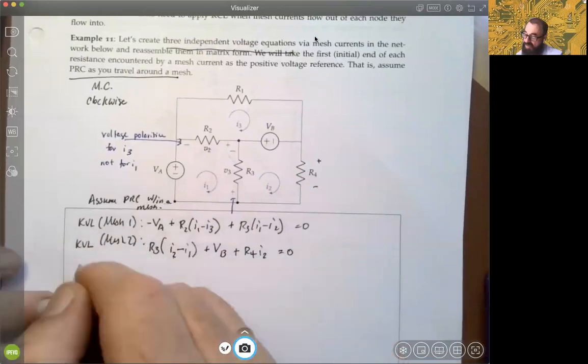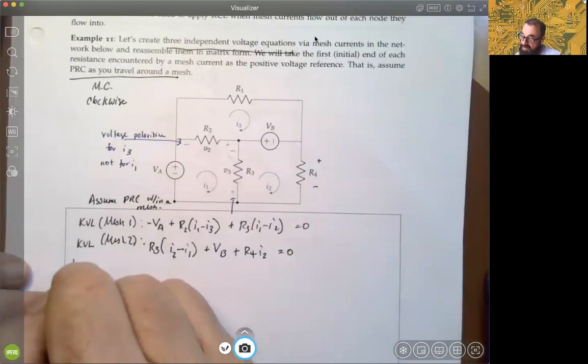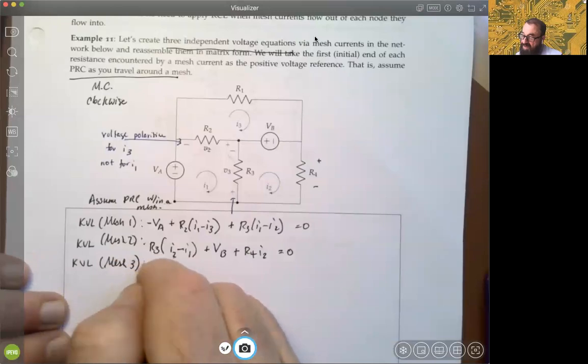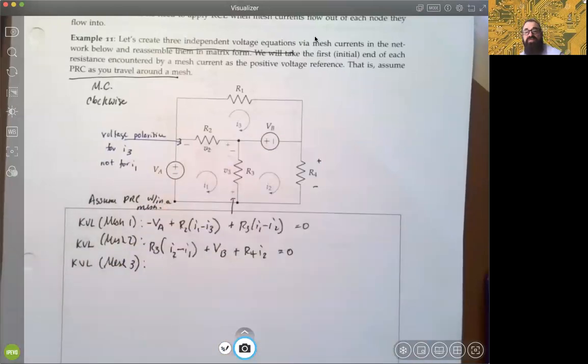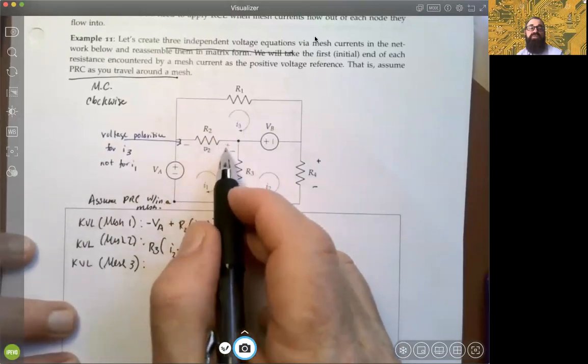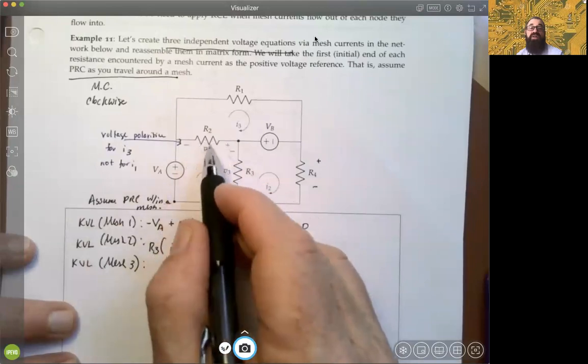Okay. And then we'll do mesh 3. All we need to do in this case is those 3 closed paths will be sufficient to get voltage equations for current unknowns. In this case, it doesn't matter which direction we go. Let's start with mesh current 3 flowing through R2. Those voltage polarities are correct, right?